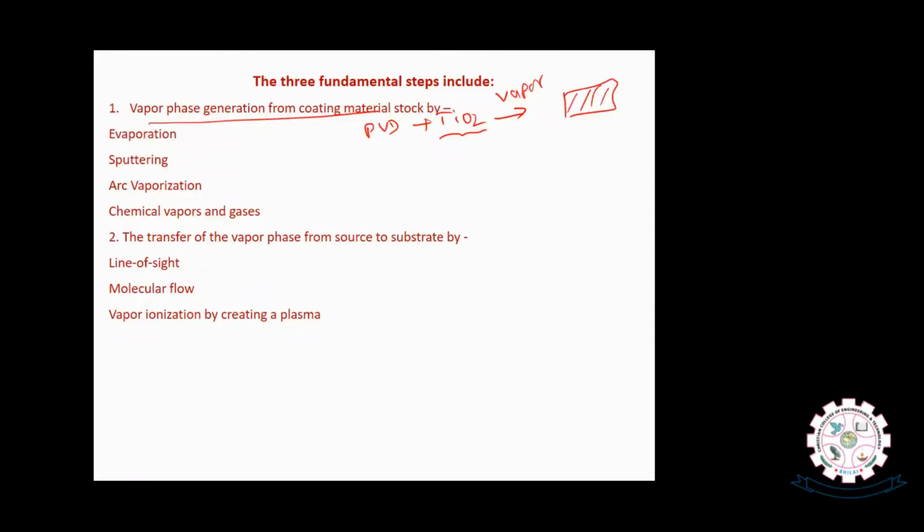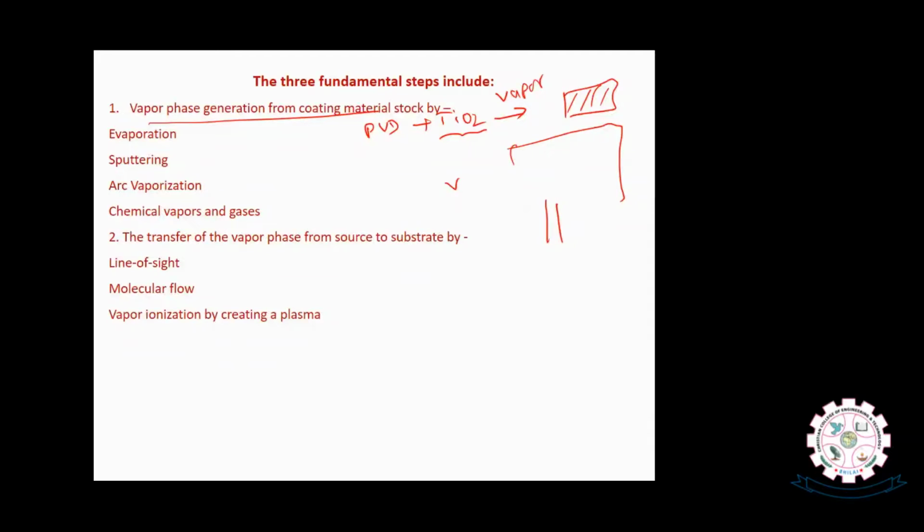You may ask a question, sir, how will these vapors fall onto the substrate? What we do is, there is a vacuum chamber here. In the chamber, a vacuum is created initially, something like 10 power minus 6 torr pressure. Inside the vacuum I am doing it, so that these vapor molecules are free to travel.